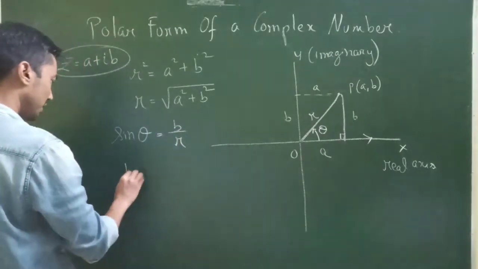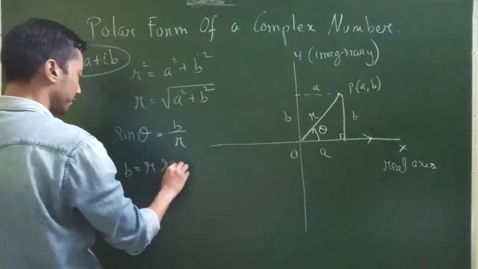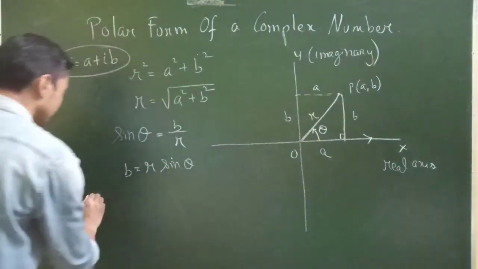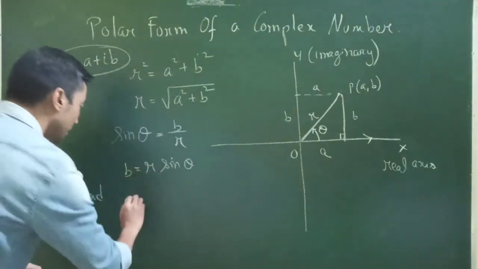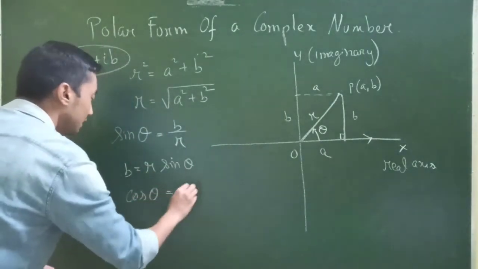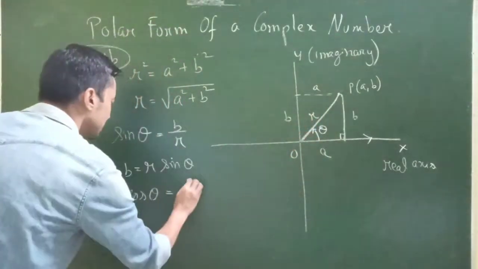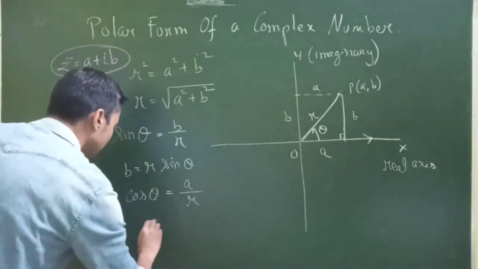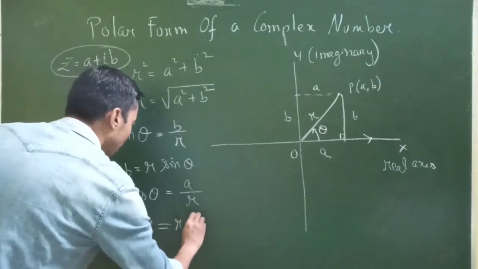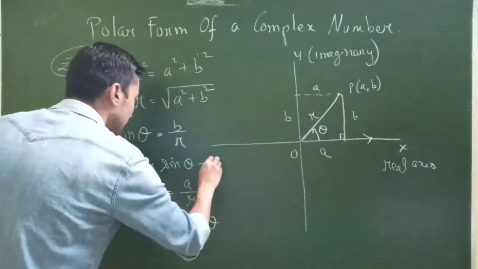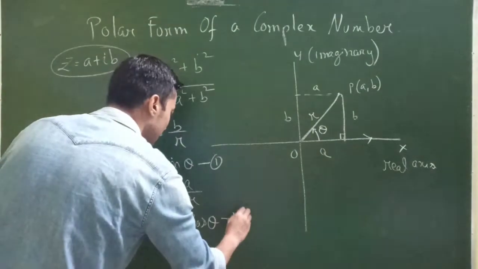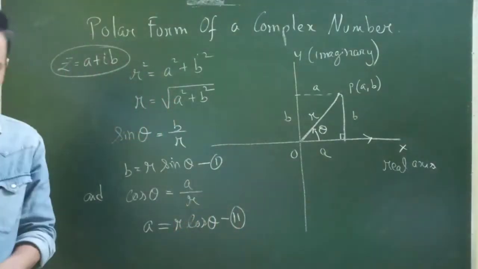So b will be equal to r sine theta. Similarly, in the same triangle, if I use cosine of the angle, it's going to be the base, the adjacent side, upon the hypotenuse, that is a by r. So a will be r cos theta. Let's keep this for our calculation.